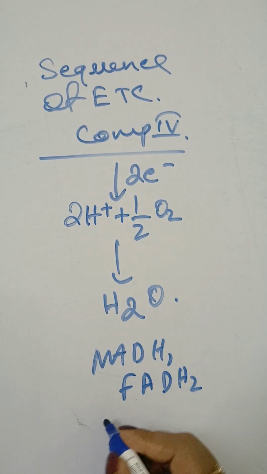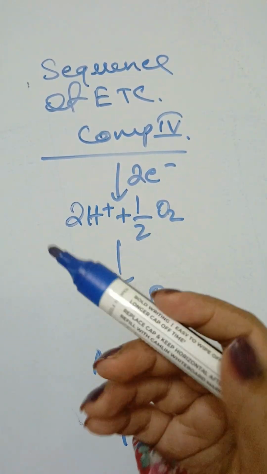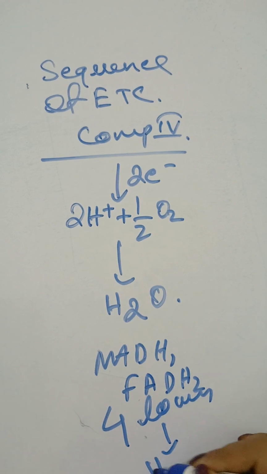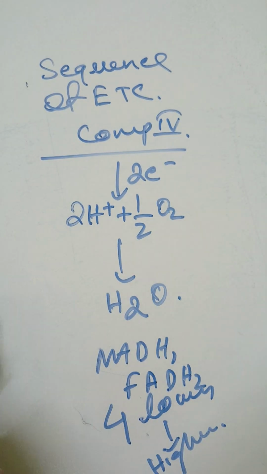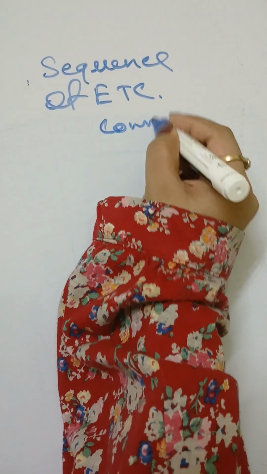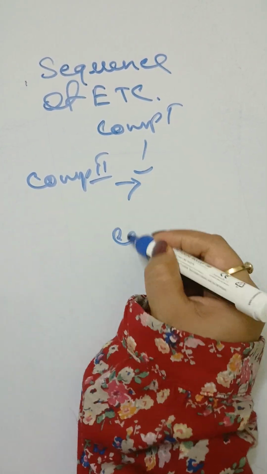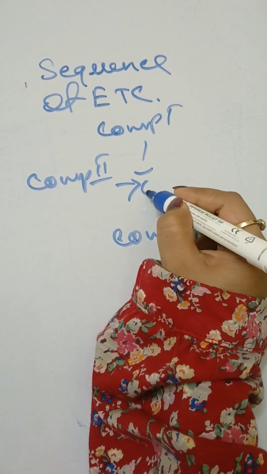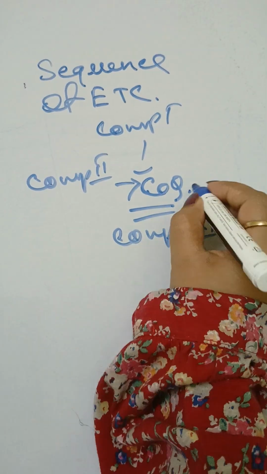There are a total of 4 protein complexes, and electrons are always transferred from lower to higher standard reduction potential complexes. That is why electrons always move from complex 1 and complex 2 to complex 3 with the help of CoQ, or coenzyme Q. And why is it known as ubiquinone?